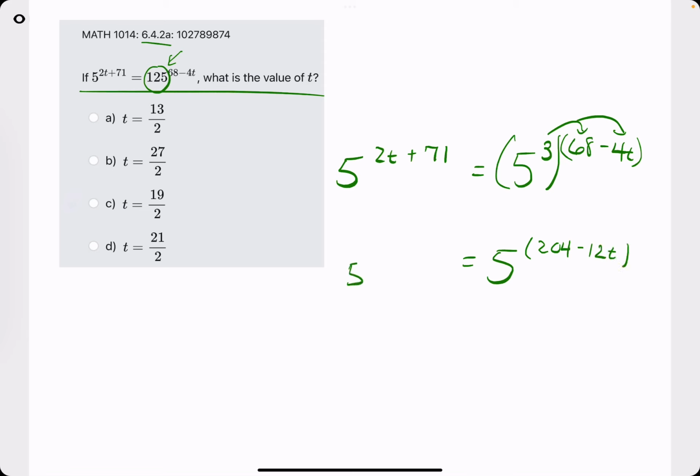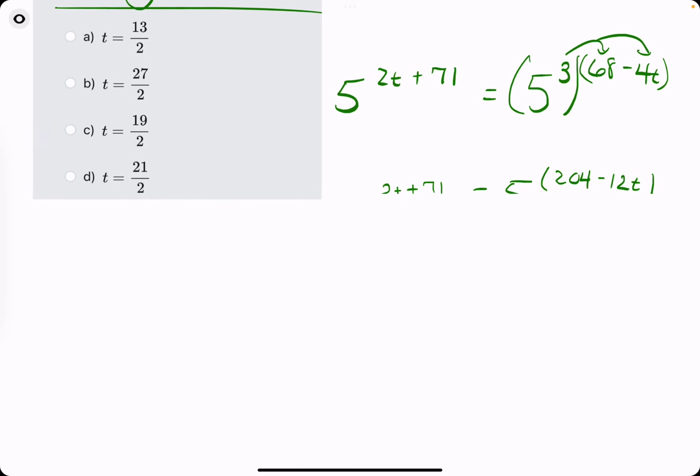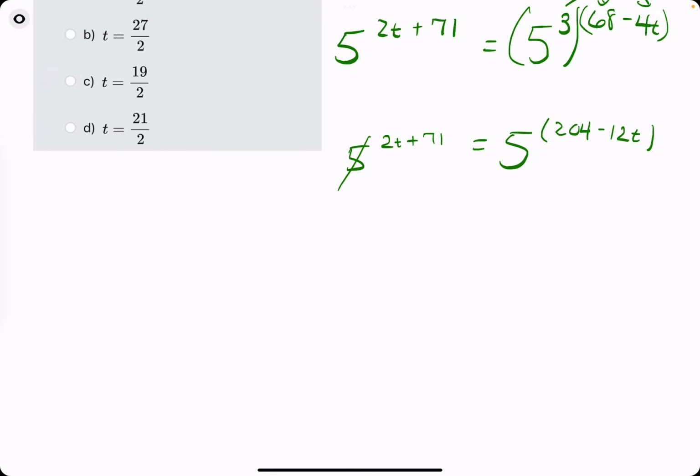And then we still have just 5 to the 2t plus 71 on the left side. Once we have the same base on both sides, we eliminate that base, and we're left with the 2 exponents equal to one another. So 2t plus 71 equals 204 minus 12t.